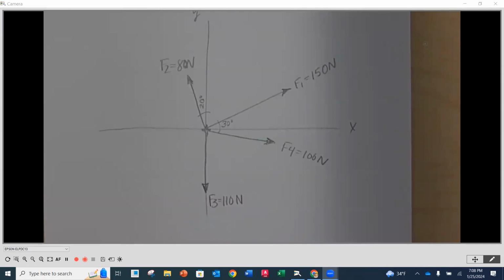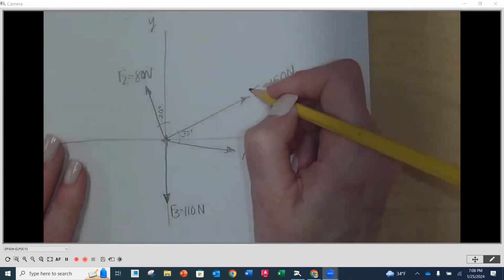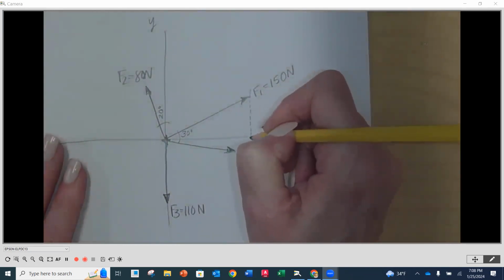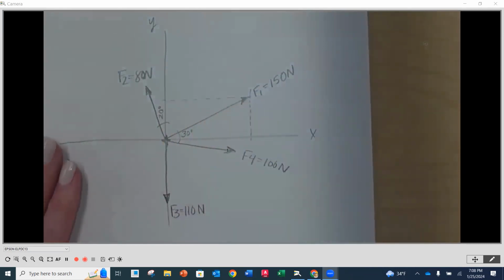Now let's draw in our X and Y components for each. I'm going to start with F1. I'm going to draw my little construction line going down to the X axis and over to the Y axis. Because these would be on top of each other, I like to offset them.